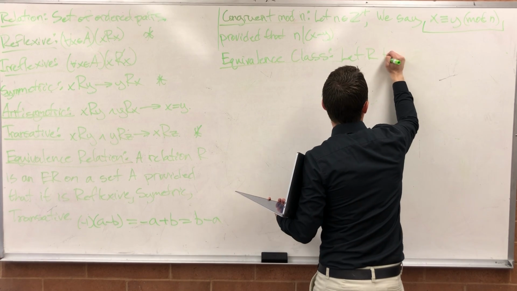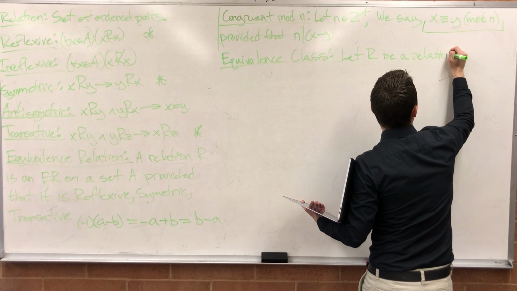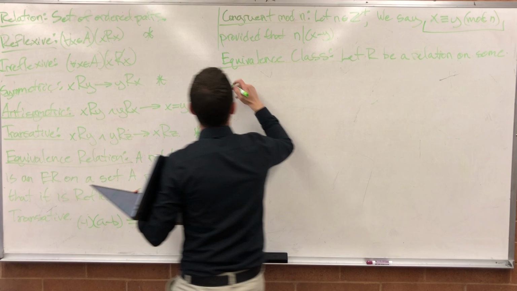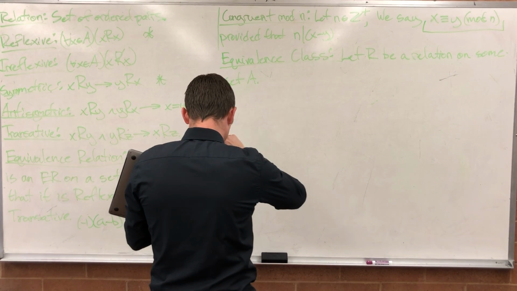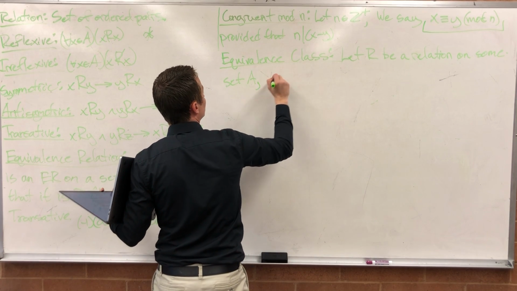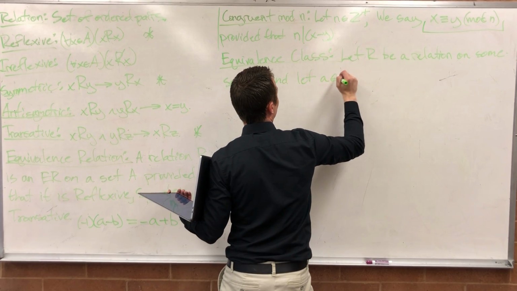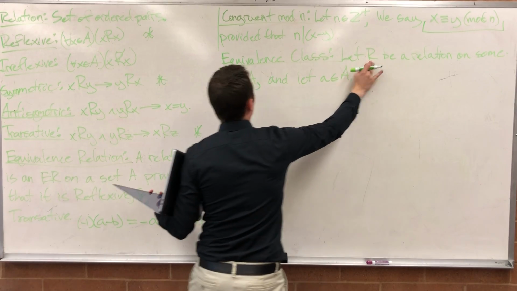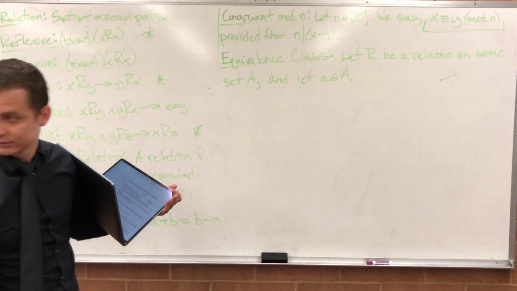Let R be a relation on some set A, and let little a be some member of big A. So in our example, R was has the same last name, big A was the set of all students in the class, and little a would have been some random student in the class, like Debbie.